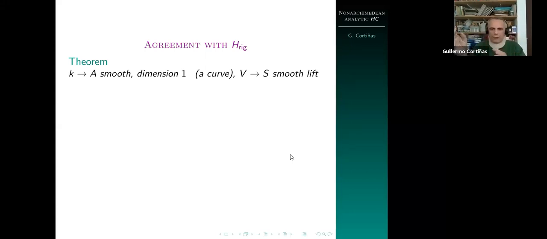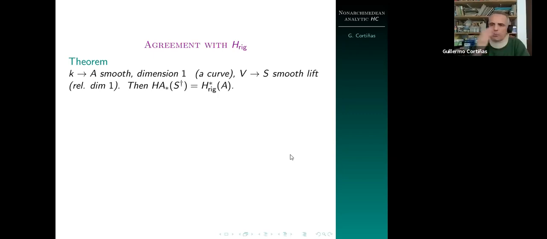Now we take a smooth lift of this algebra to V, in the sense that S mod pi gives you back A. That is also of relative dimension 1, meaning that the module of Kähler differentials of S over V is projective of rank 1. Then the analytic cyclic homology of the dagger completion of S is the rigid cohomology of A.